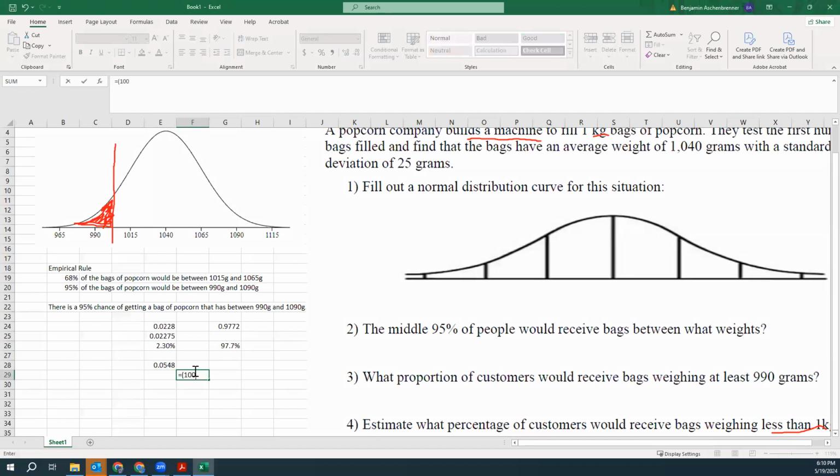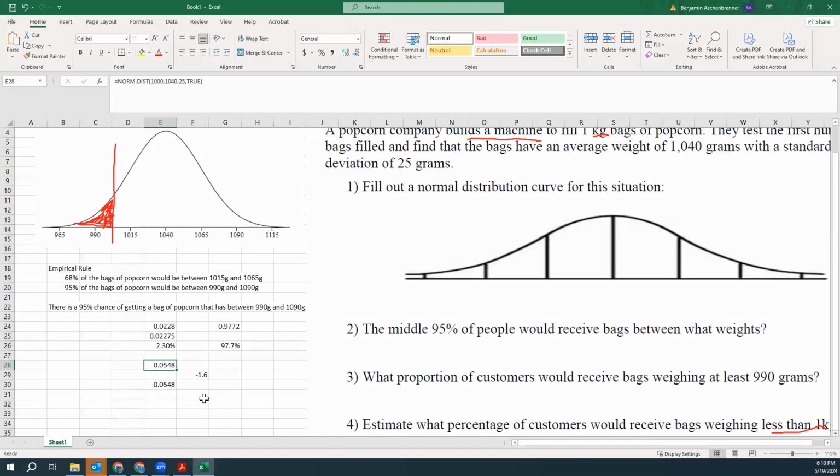So I do 1,000 minus 1,040, and divide it by 25. That's a negative number, negative 1.6, and I should get the same thing when I use norm.s.dist with this z-score. Same answer either way.